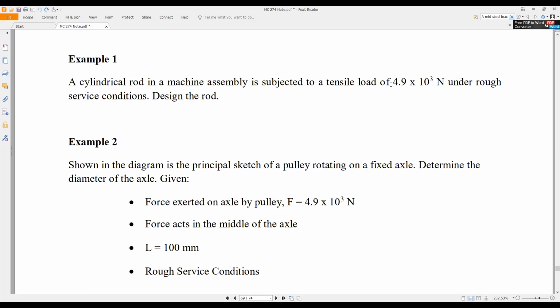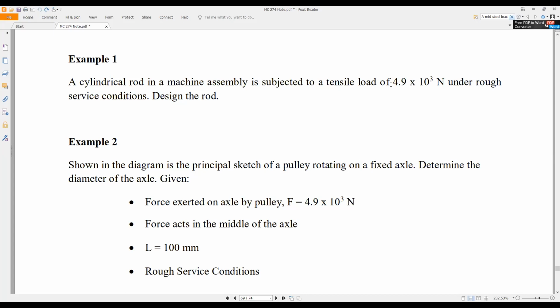For this design to be satisfactory, the stress in the material based on the loading should not exceed the allowable stress. So the allowable stress is equal to the stress in the material, which is F, the force applied, divided by the cross-sectional area.